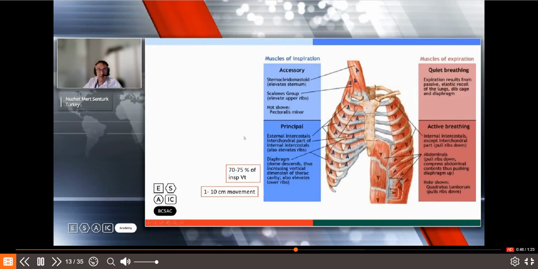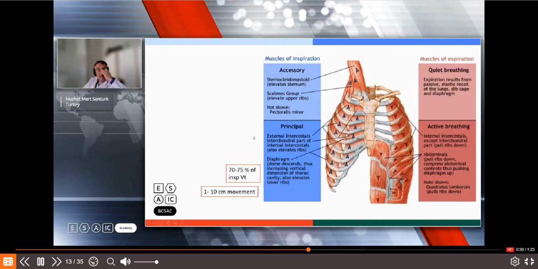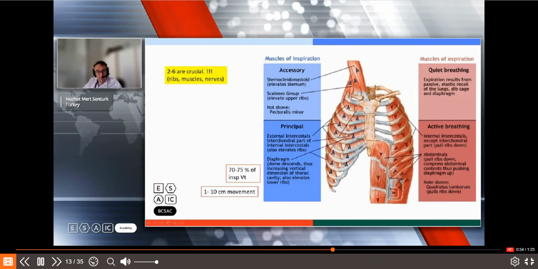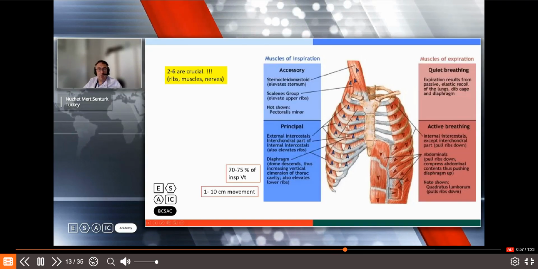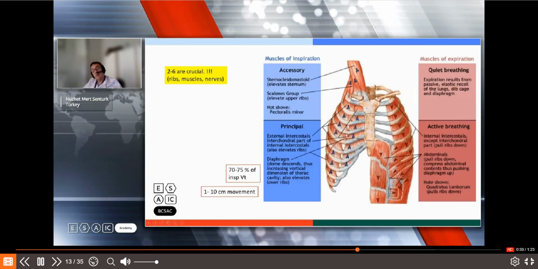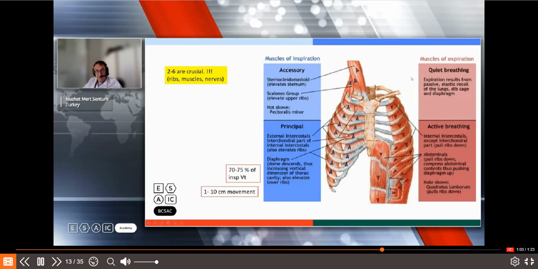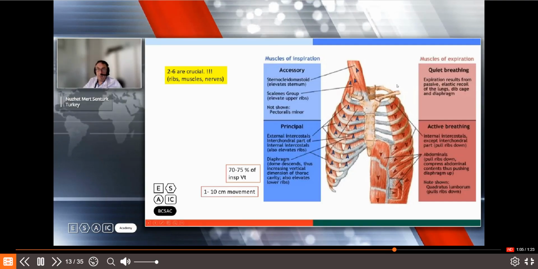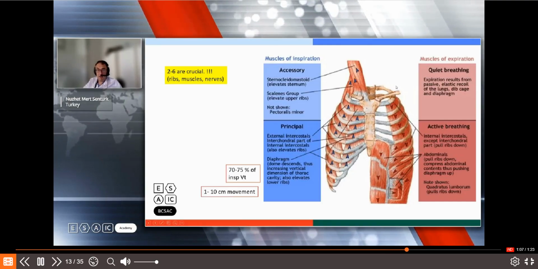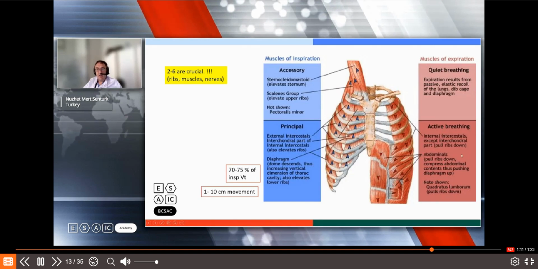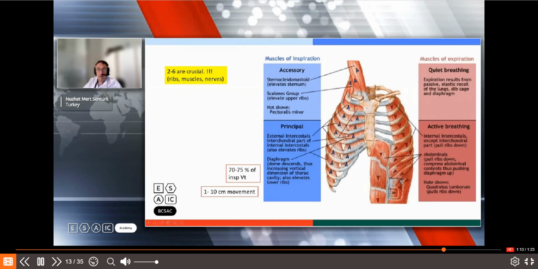These are the real intercostal muscles, and therefore the innervation and the ribs also play an important role in inspiration. Normally, expiration is passive and we don't use any muscles, but for an active expiration, we use the internal intercostal muscles and also the abdominal muscles.